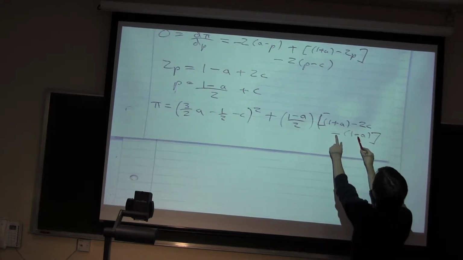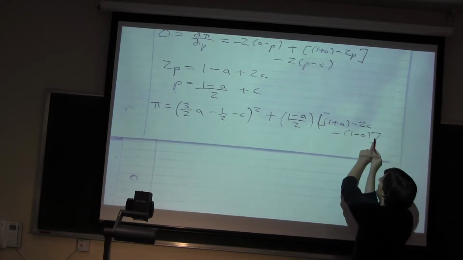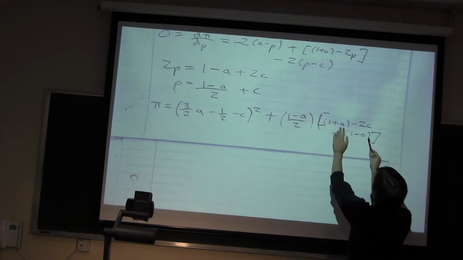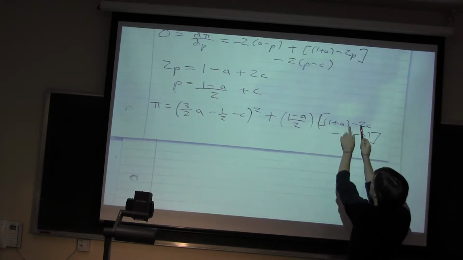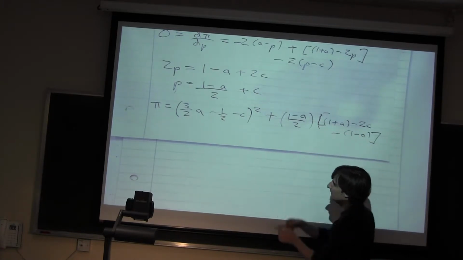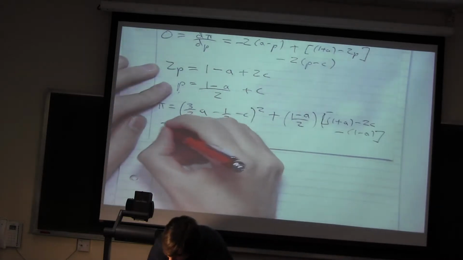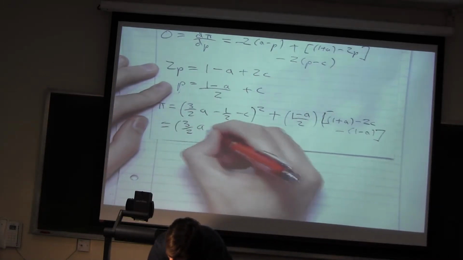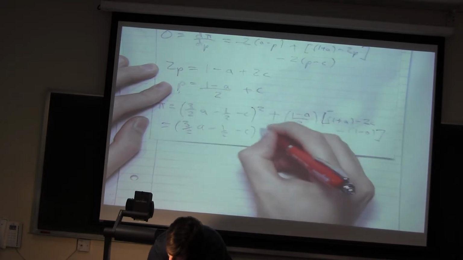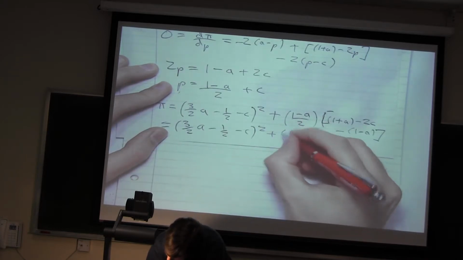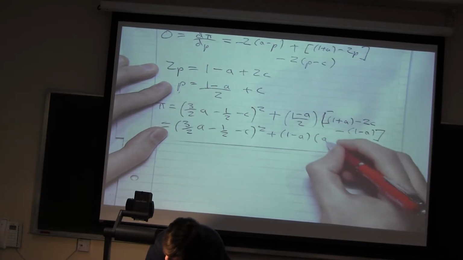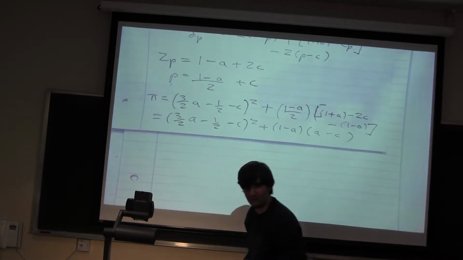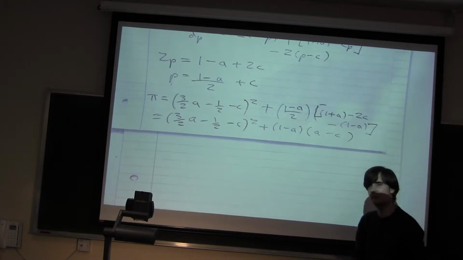We've got a minus minus here, so that's actually a plus. But 1 minus 1, so those cancel out, so this is 2a minus 2c. So the 2's can go out and get rid of that too. So we can simplify that. So it's 3 over 2 a minus a half minus c, all squared, plus (1 minus a) times (a minus c). Does that make sense? Tell me if I make a slip.